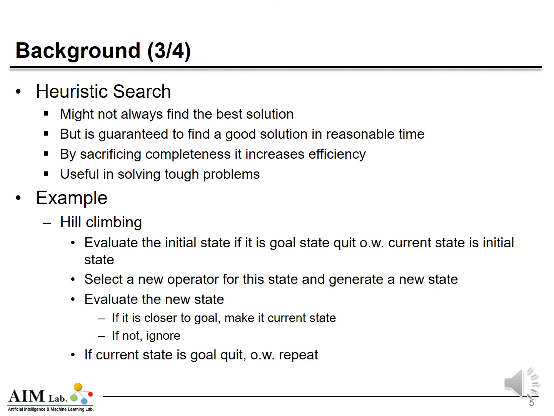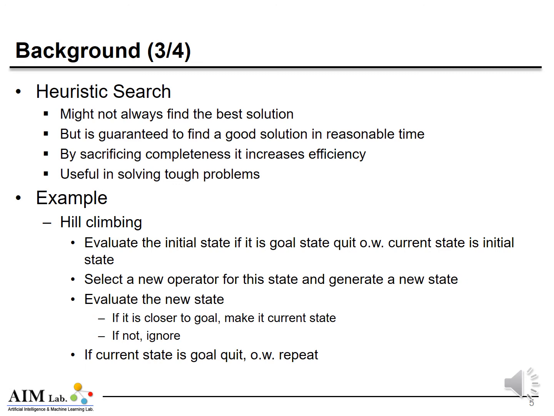The classic example of a heuristic search method is hill climbing. Hill climbing measures the closeness of the current state to the goal state. We first evaluate the initial state. If it is the goal state, we quit; otherwise the current state is the initial state. We select a new operator for this state and generate a new state.